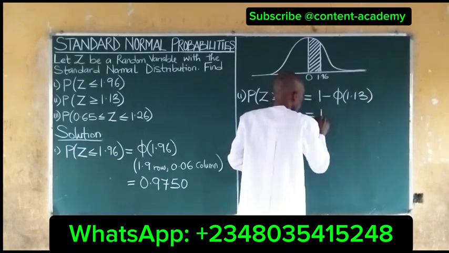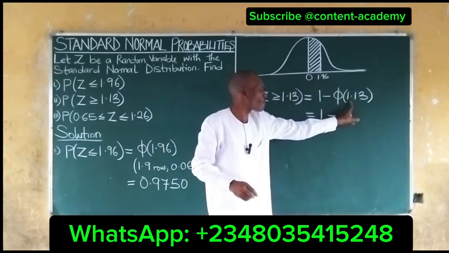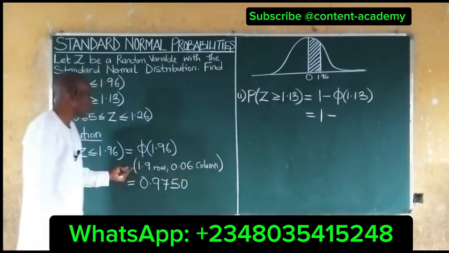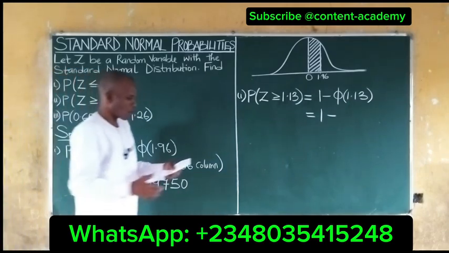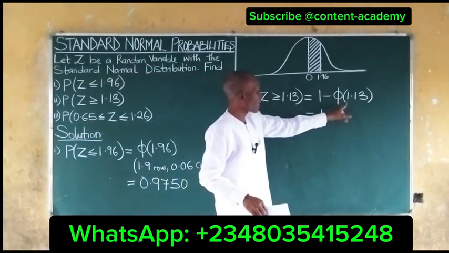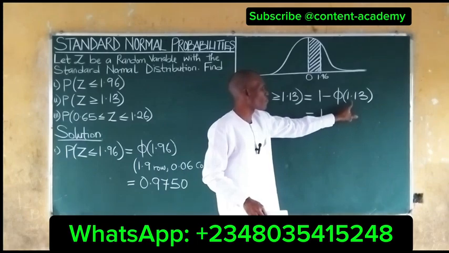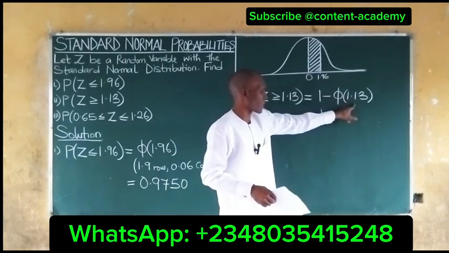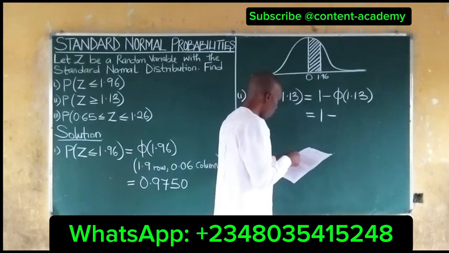The next thing to do is to find the value under the standard normal curve of 1.13. So we follow the same principles which we use here. All we need to do, we bring our standard normal curve table and now look for 1.1 under 0.03. The value that intersects it becomes the data you have to write here.